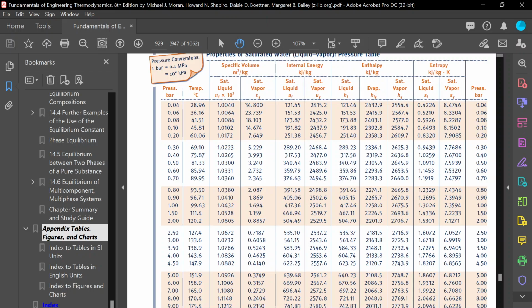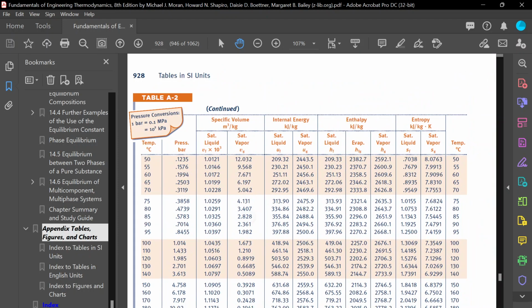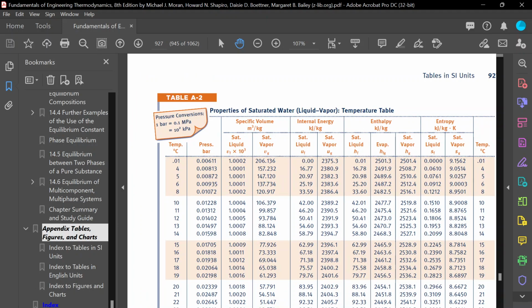As long as you are dealing with the enthalpy difference, you can come to table A2, not this one, the temperature-based table, and read the temperature values, subtract the two values, and use that subtracted value. That's a very important part. Okay? Does it make sense?